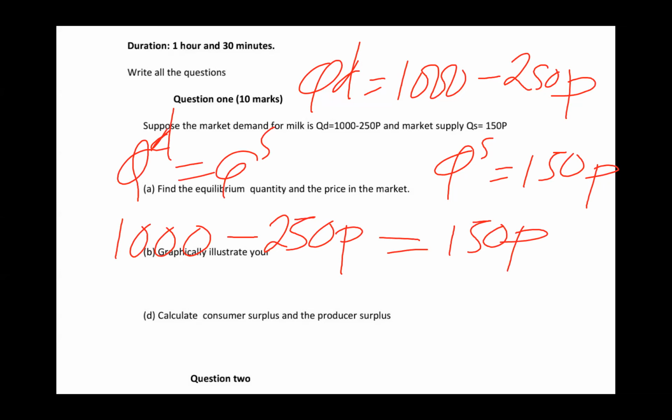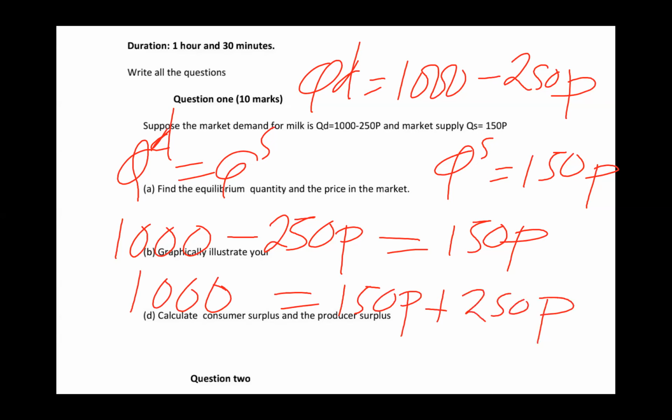From there, we can solve for P. So we have 1,000 equal to 150p plus 250p. Someone might ask where the 250p came from. It has crossed the equal sign, so it becomes positive.